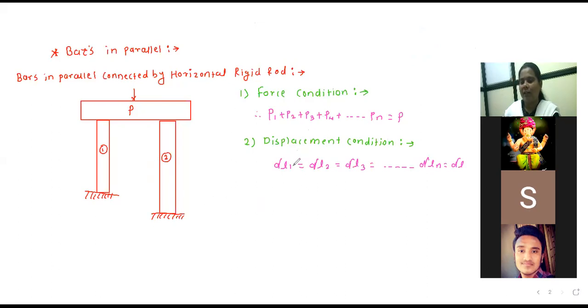For finding this del L1, we have already derived the equation sigma equals E into epsilon. Stress is equal to force upon area, and strain is equal to del L upon L. By combining all three equations, we derived del L equals PL upon AE.